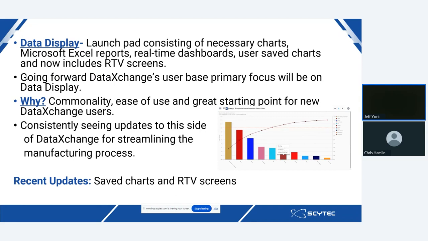Recently, some of the updates for Data Display have, as I mentioned already, the RTV screens, which you can now find at the bottom of the Data Display Launchpad, as well as saved and scheduled charts.